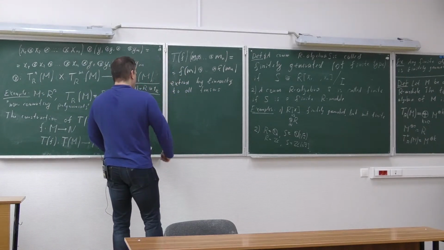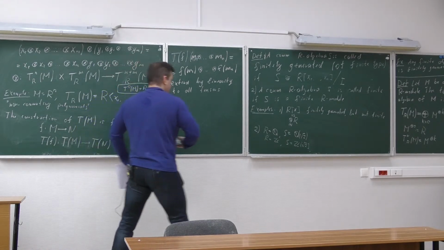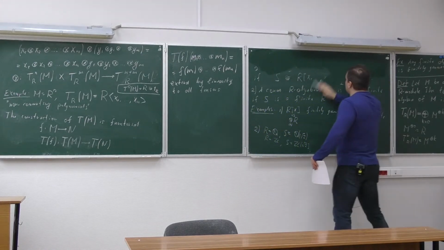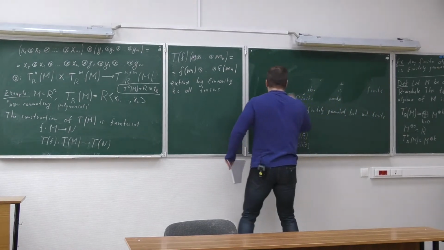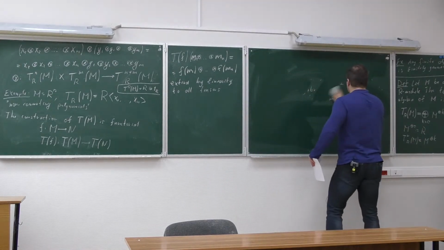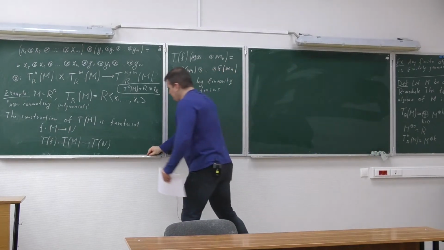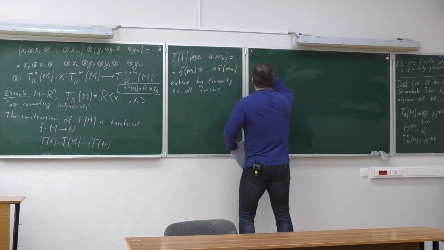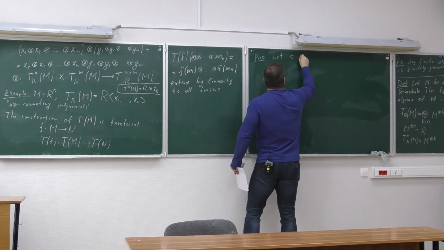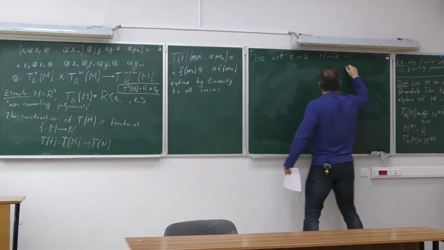Okay, so with this construction, we can formulate the following proposition. Let K, M, and N be a short exact sequence.